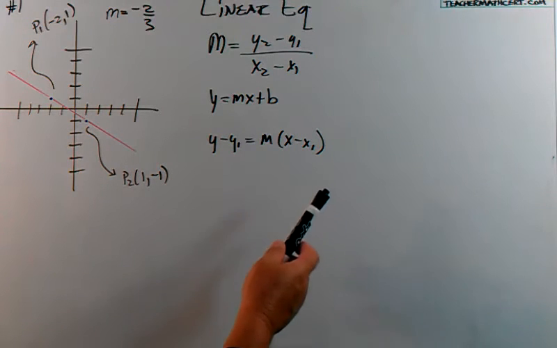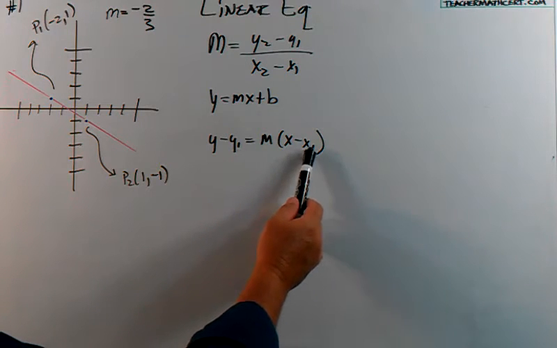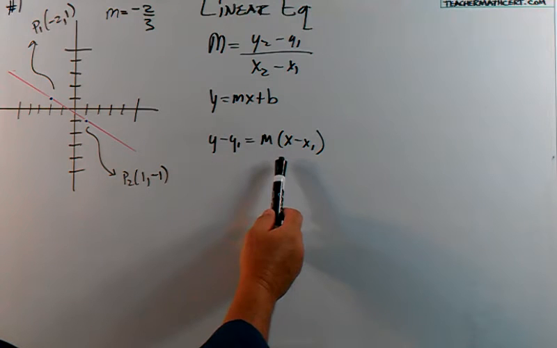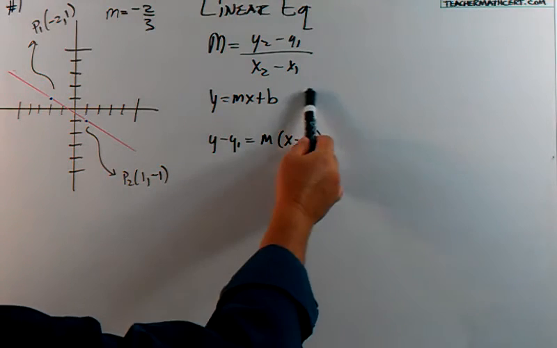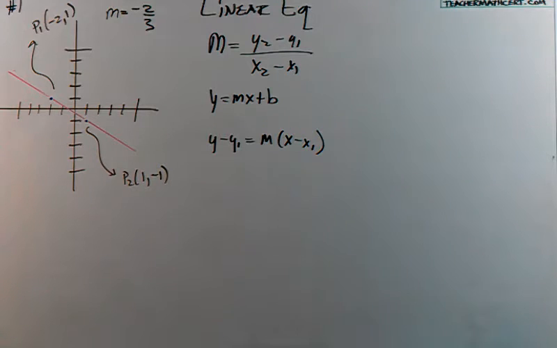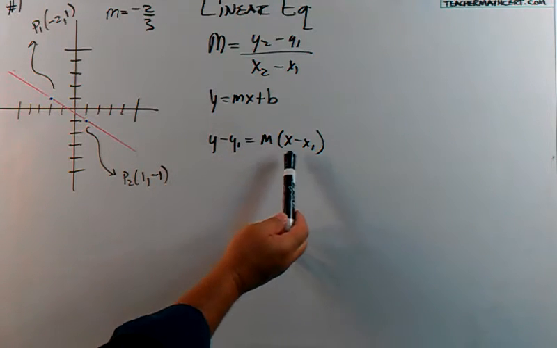Now, the next thing we want to do is pick a point for y1 and x1. We've got our slope. We're going to use this equation, and we're going to put it in the form of y equals mx plus b eventually, okay? The next thing we need to do is pick either this point or this point and plug in the y1 value and the x1 value.